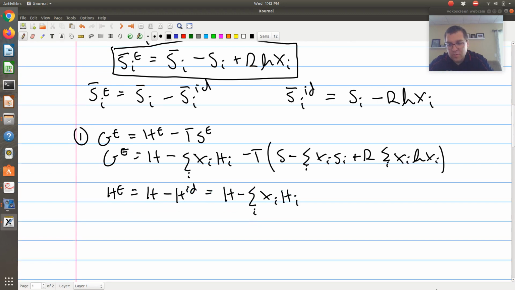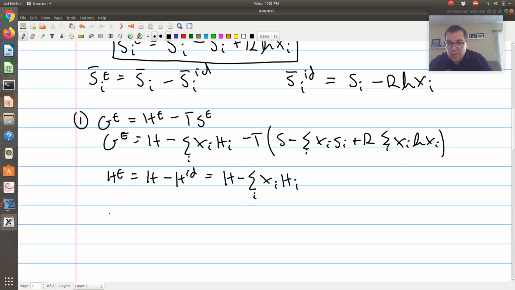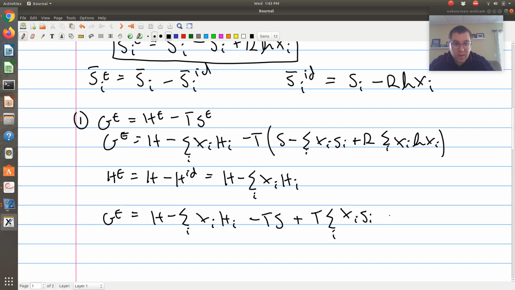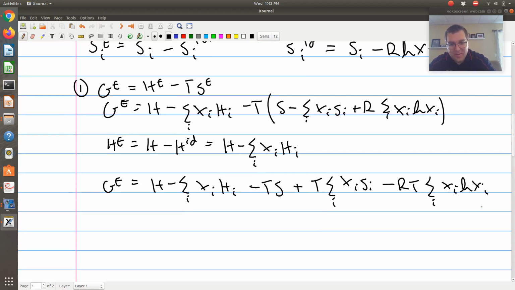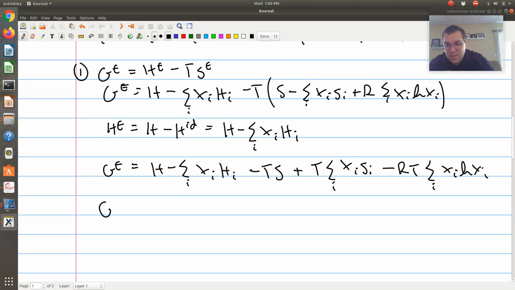Okay, cool. So if I expand, then I have that G^E is equal to H minus sum over i x_i h_i minus TS plus T times sum over i x_i s_i minus RT sum over i x_i log x_i. All right. So now let's collect terms. So G^E would be equal to, first I'm going to group these two terms together.